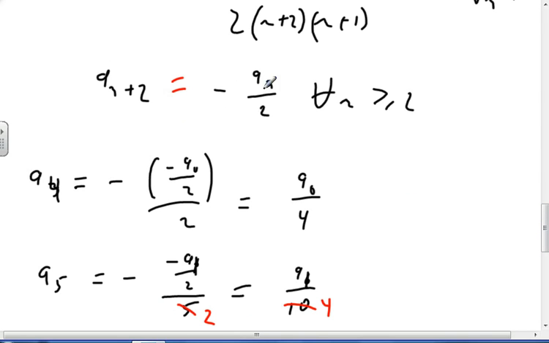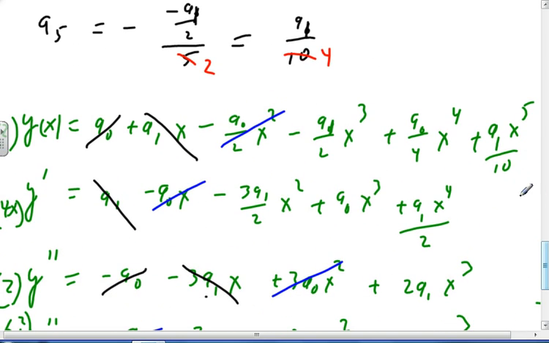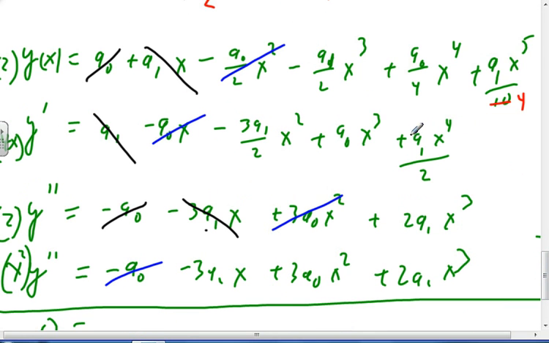Recurring formula is minus an over 2. So minus an over 2 makes it a 4. All right, so this is not over 10. That's over 4. That makes this a 5 over 4. This makes this a 5 and that a 5.